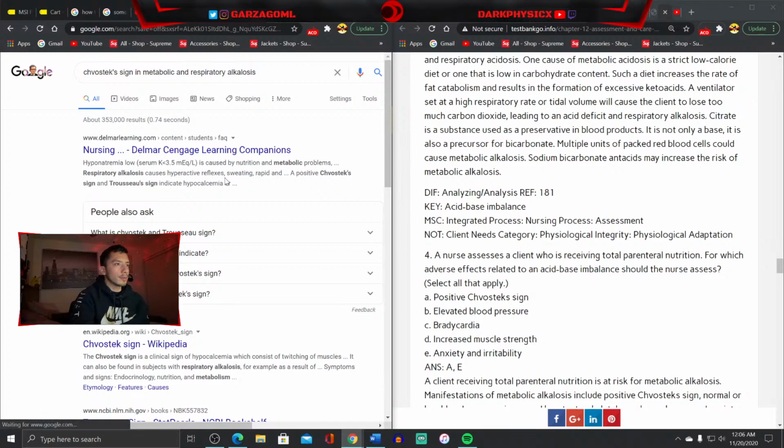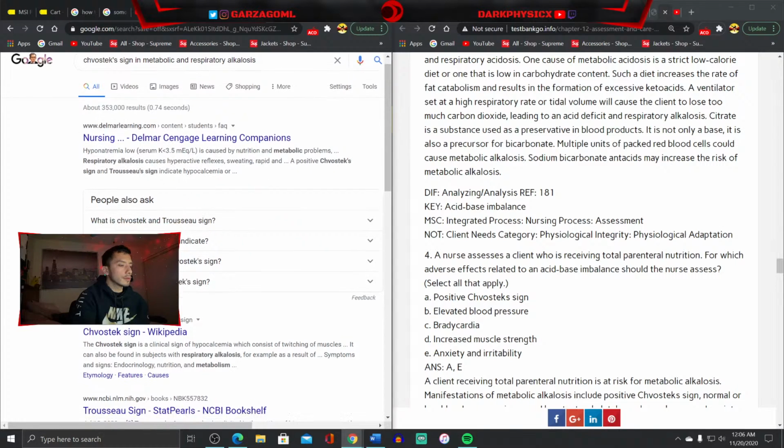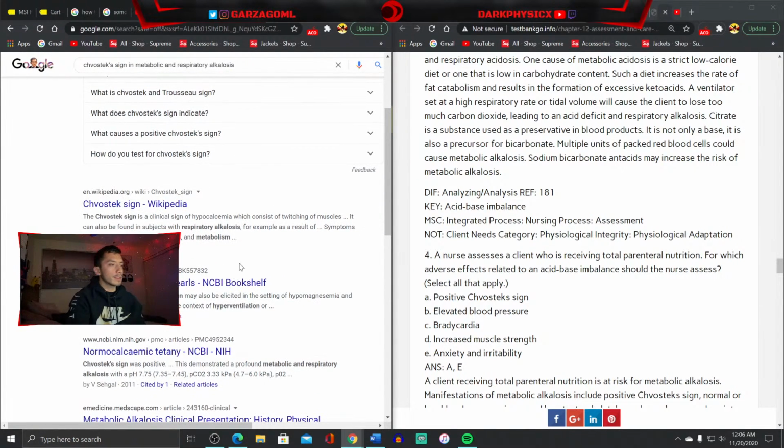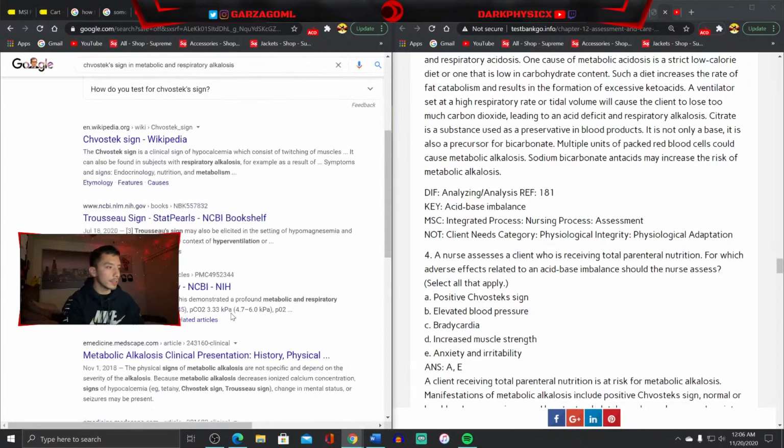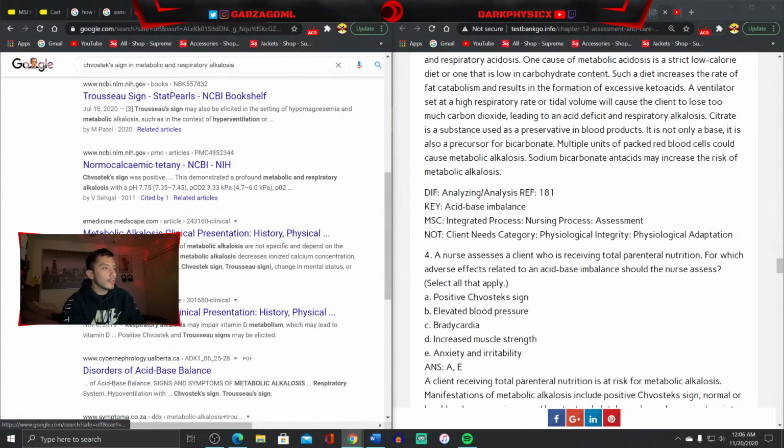Respiratory alkalosis causes hyperinflation. I know it's respiratory alkalosis that causes the Trousseau and the Chvostek's. I don't know how to say that one. But I did not know metabolic caused it.